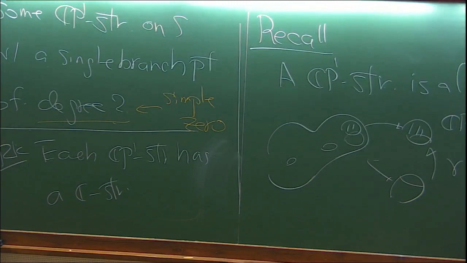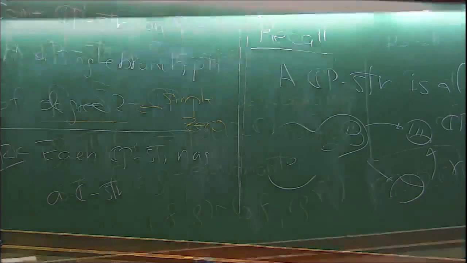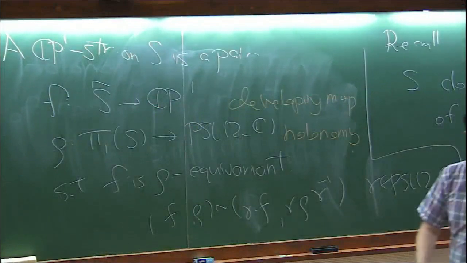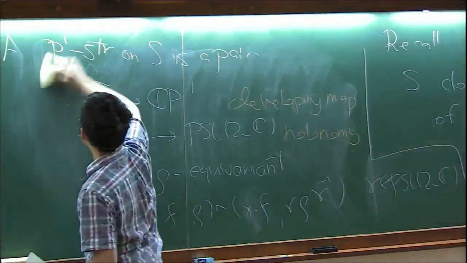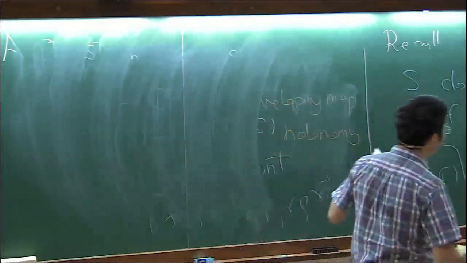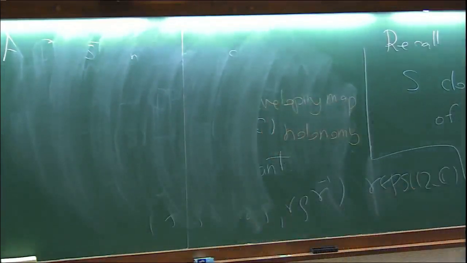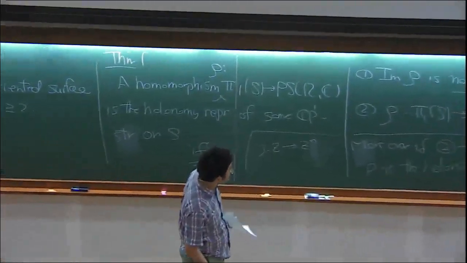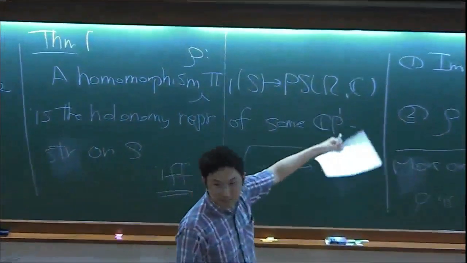Okay, people probably get tired by now, so let's start with something easy. Even start with the torus. So the plan is that I have two lectures. In the first lecture I do some background and show that those conditions are necessary.